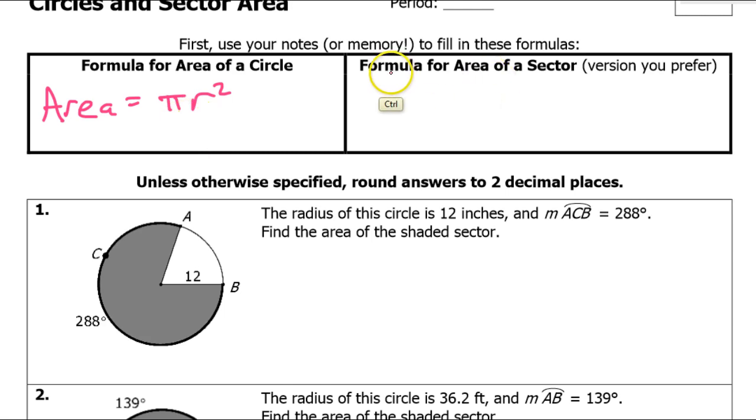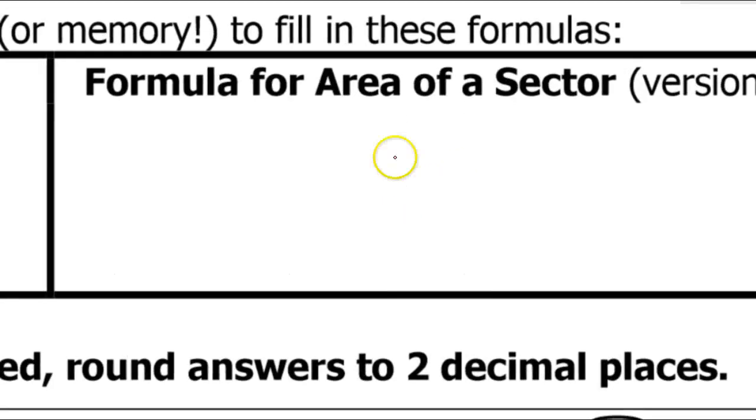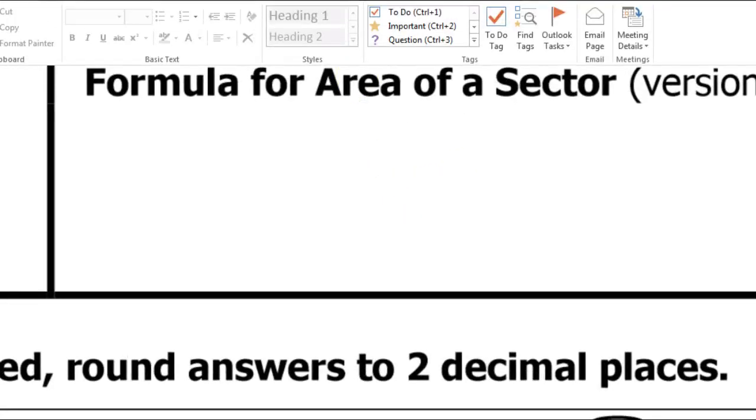Now, when you talk about the area of a sector, I find it best to think of it as a fraction of the area. In fact, I think I will zoom in and just write that sentence down.